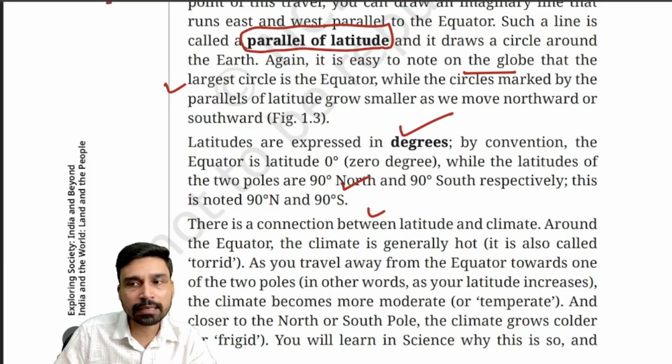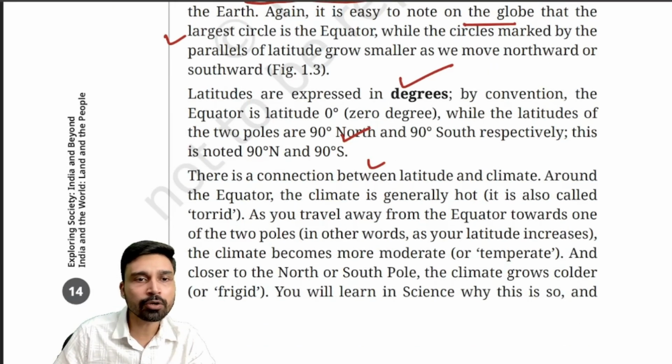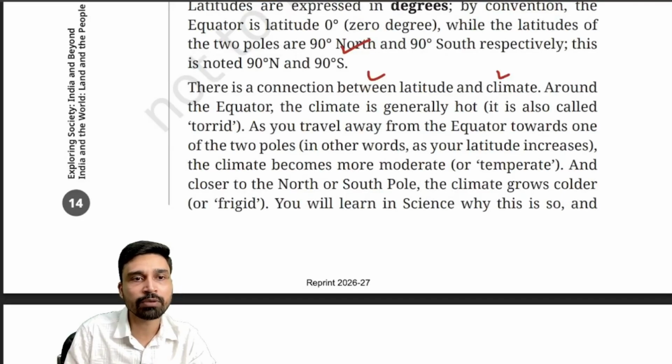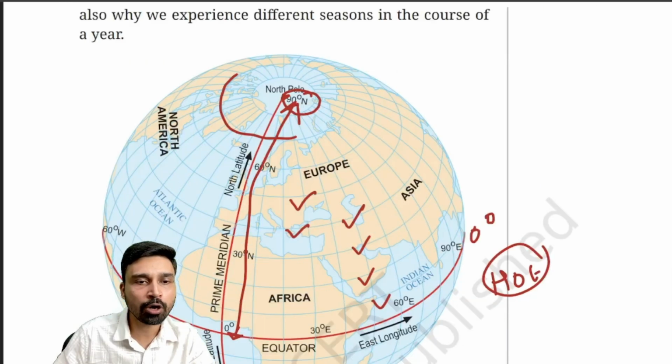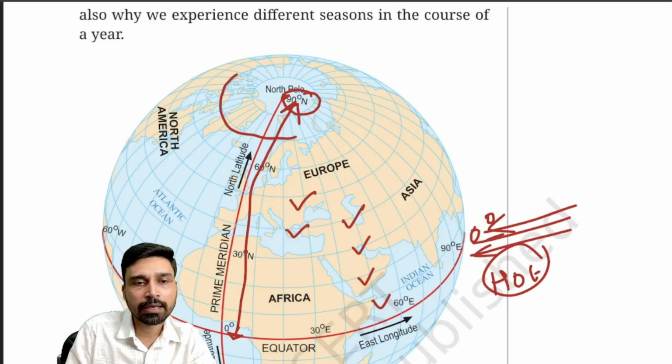Now, interestingly, latitude has an important role in affecting climate as well. For example, if you talk about the equatorial region, the climate is generally hot. The reason is that sunlight falls more directly in this region. And as you move toward the poles, what happens?